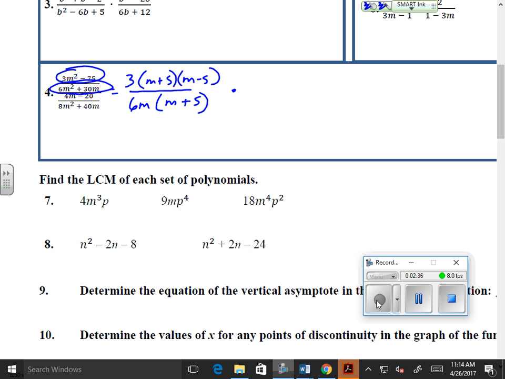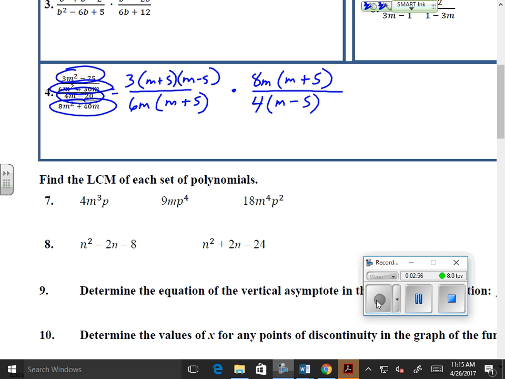And then we're going to change this to multiplication. The 8m squared plus 40m will go on top. The 8 and m will factor out. We're left with m plus 5.